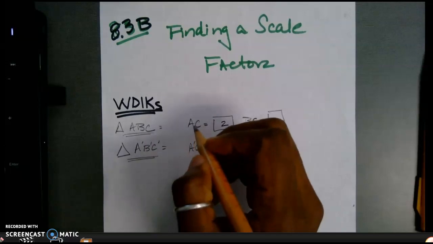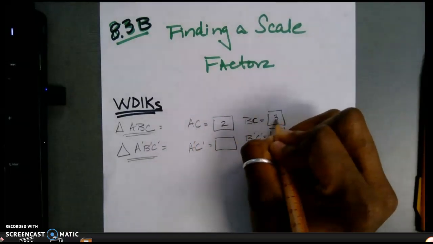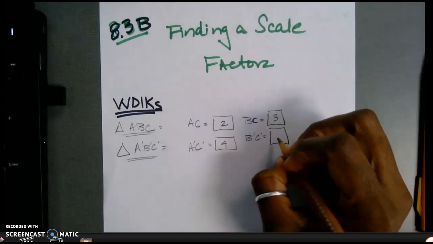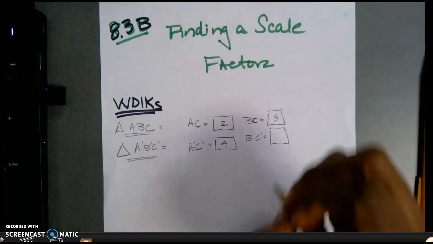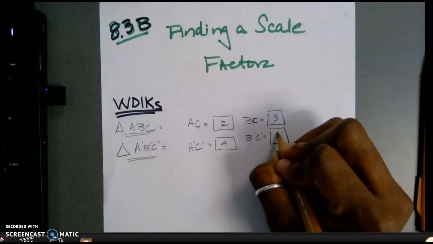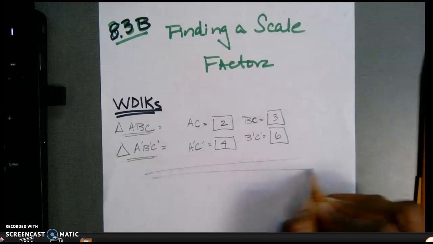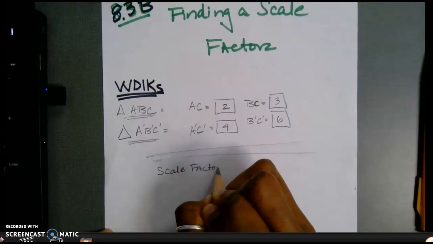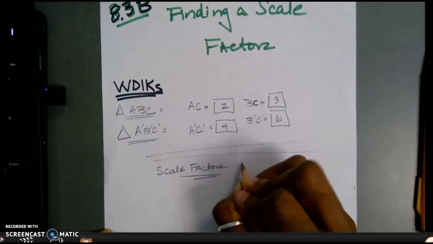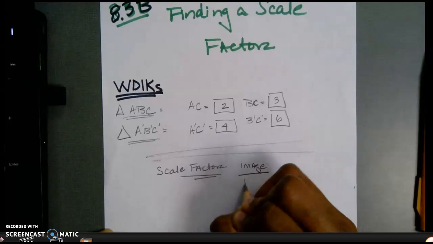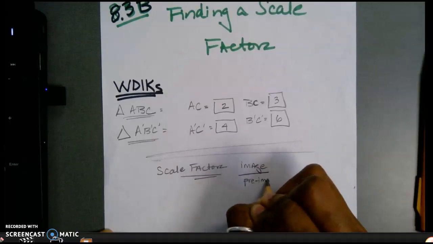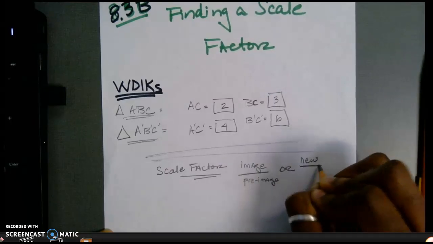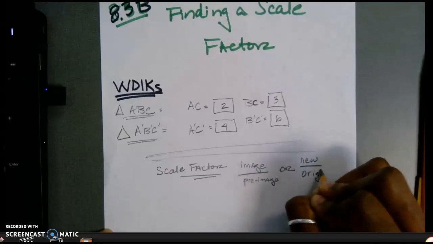So BC is going to be 3 units. A prime C prime, that's the image or new image. And B prime C prime is going to be 6. So when making our scale factor, we are always going to compare our image to our pre-image, also known as our new to our original.